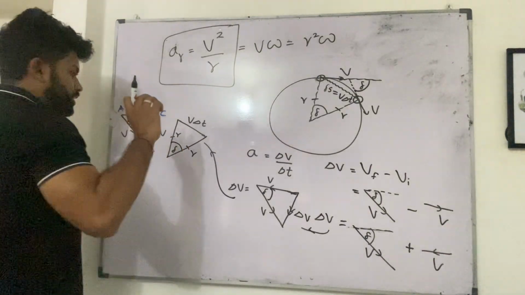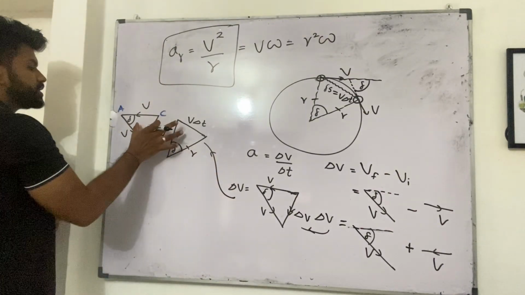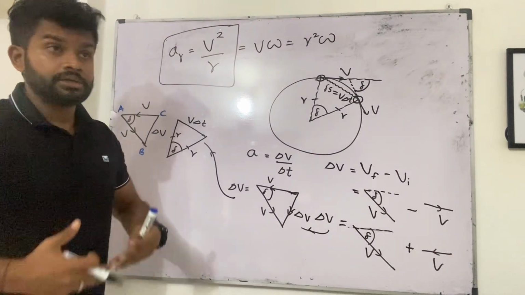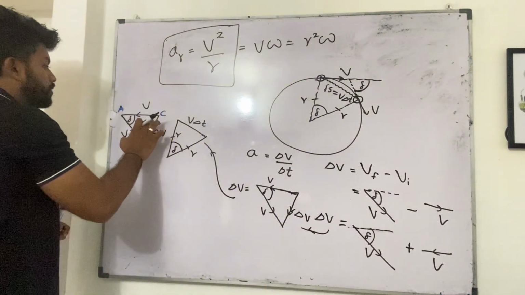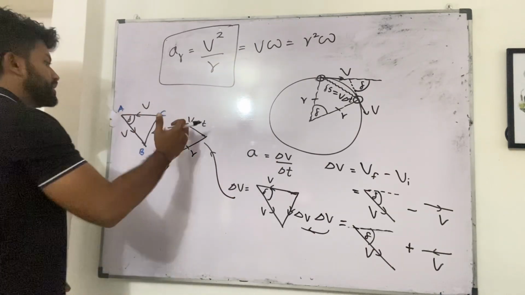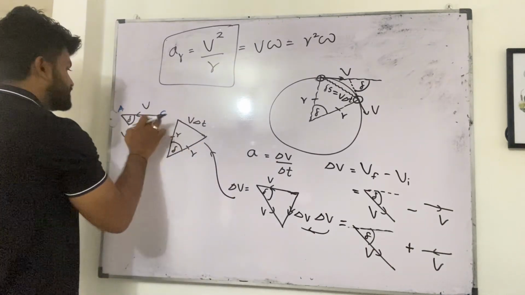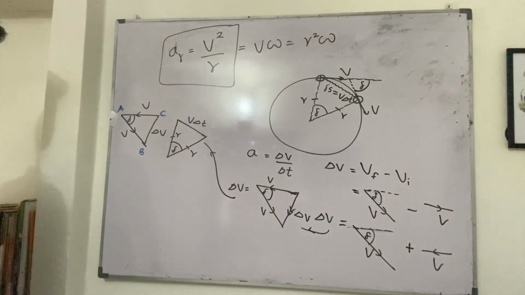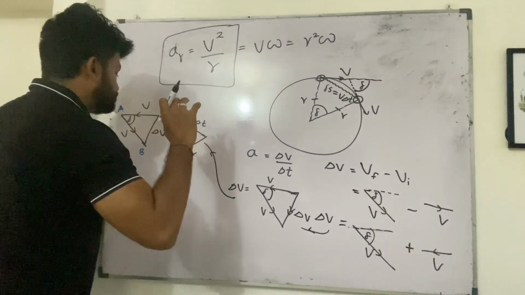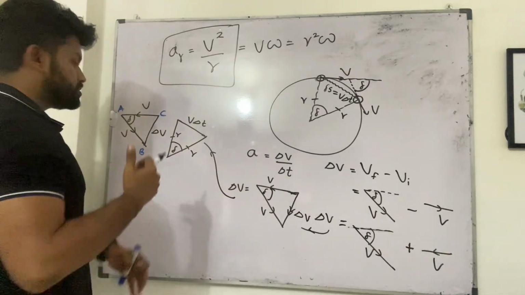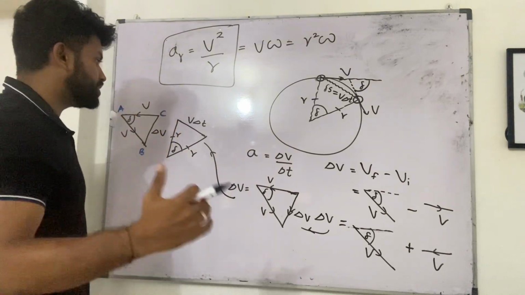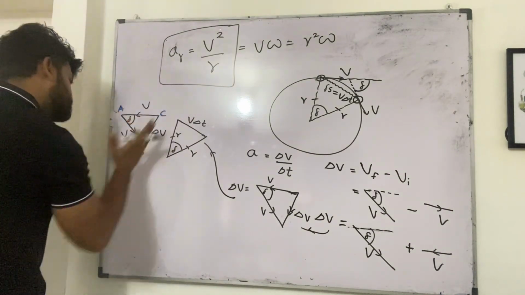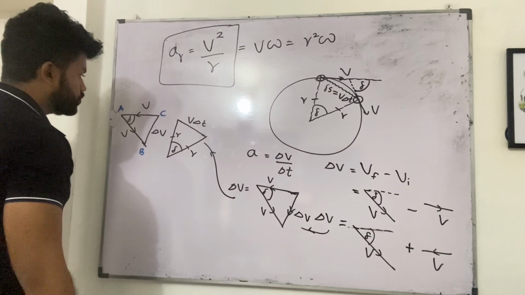Now you can clearly see that these two triangles are equiangular triangles. What are equiangular triangles? Equiangular triangles are triangles in which all the corresponding interior angles are the same. So here these two triangles are equiangular triangles, so hence I can use the ratios. If you are a mathematics student, you might know that the ratio of these sides can be taken to work this out.